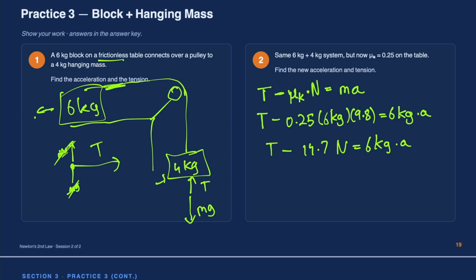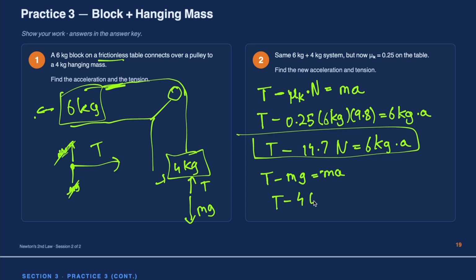So I'll highlight this equation as one of my equations. Tension minus mg is equal to ma. This will be negative because the block's going downward. If mg is negative, then ma has to be negative. Tension minus 4 times 9.8 is equal to negative 4 times acceleration.